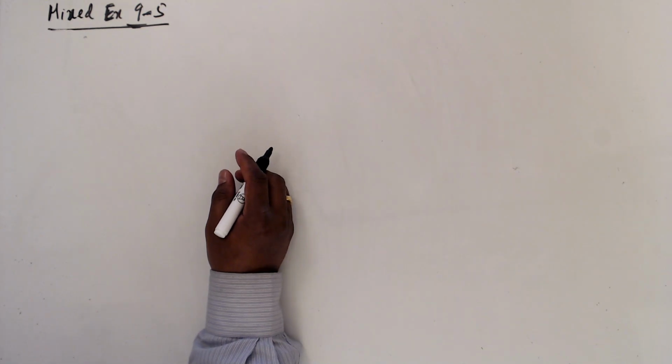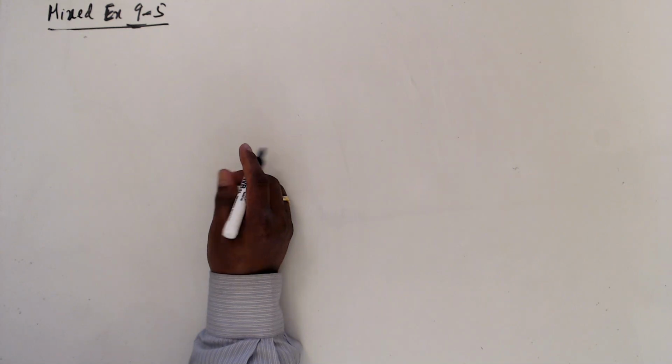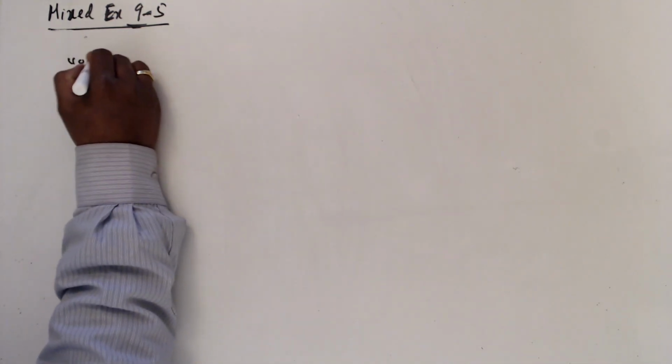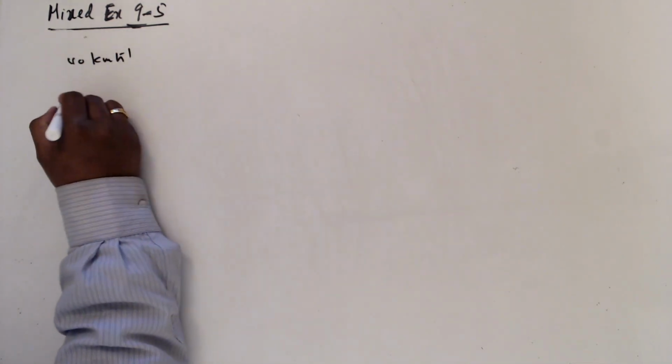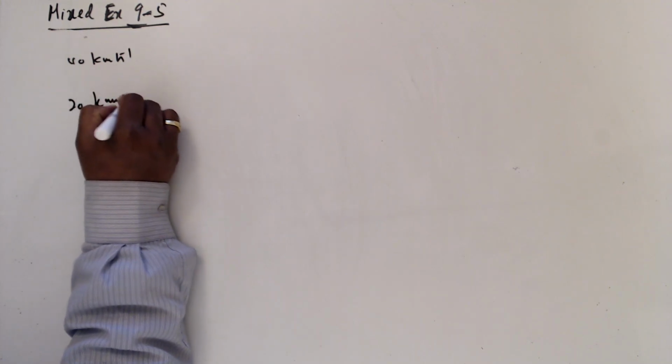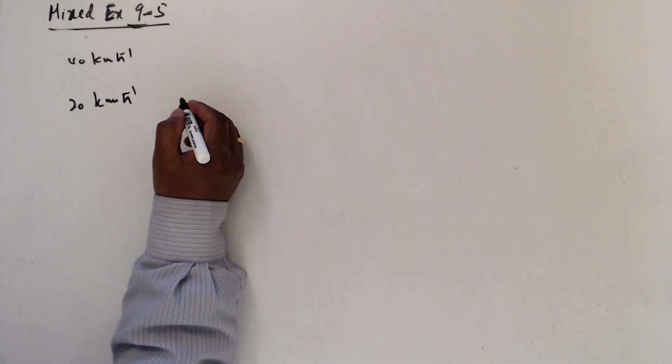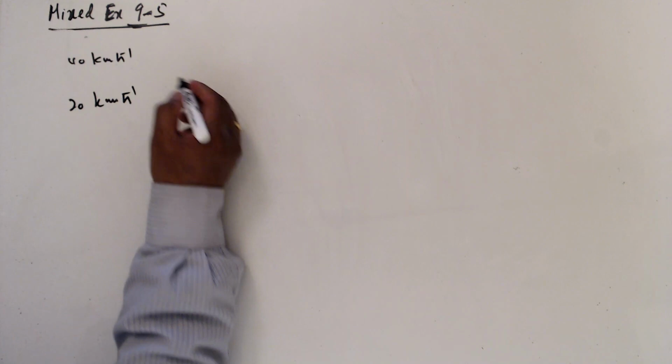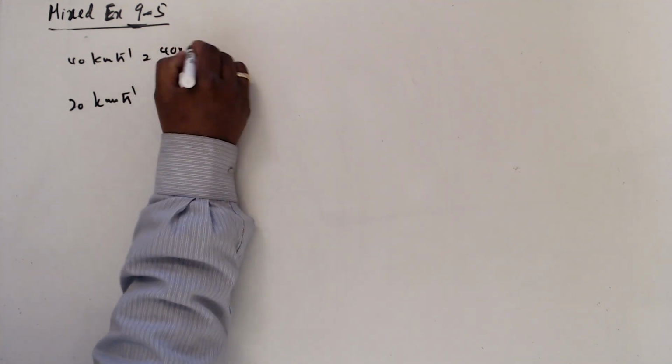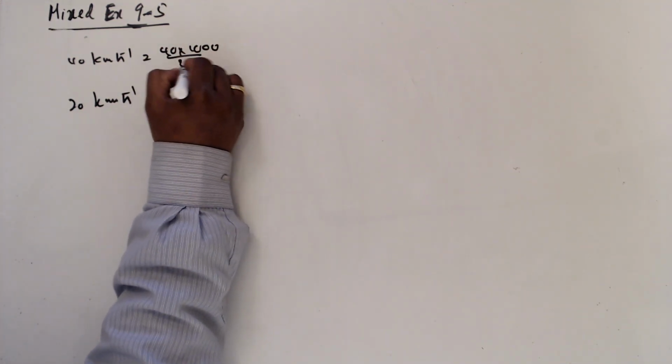Question number 5. A car traveling on a straight road slows down with constant deceleration. The car passes a road sign with velocity 40 km/h and later 20 km/h. So there are two velocities, and we need to convert them into standard units.